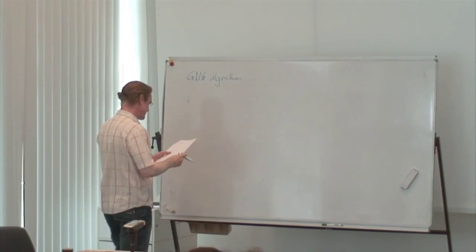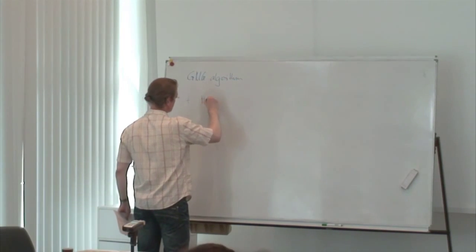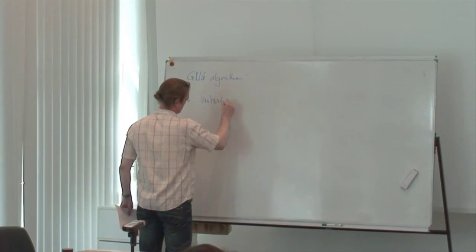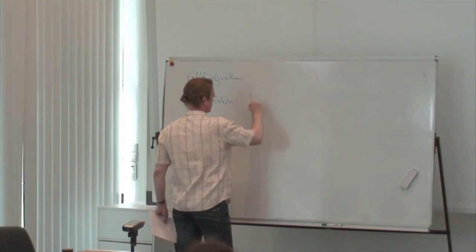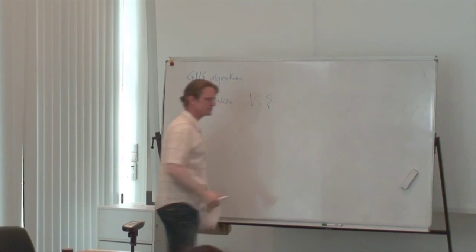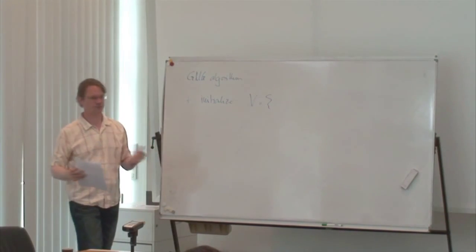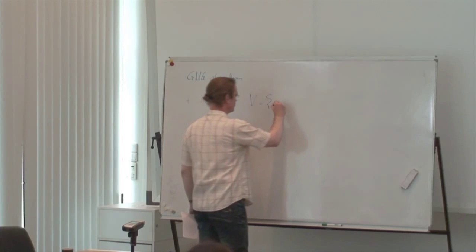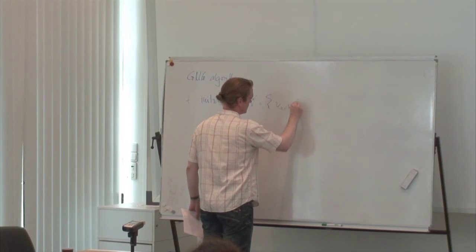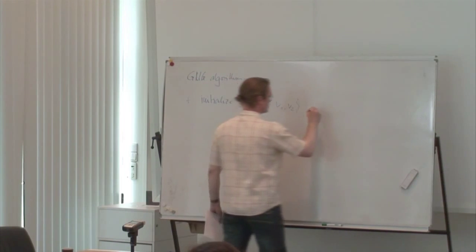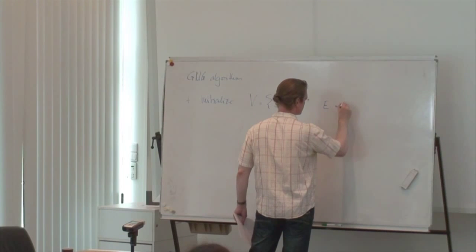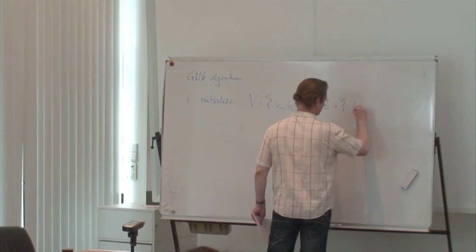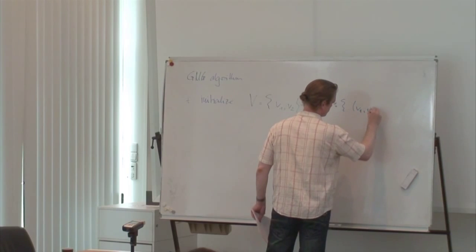We begin by initializing this vertex set. We don't provide a set of vertices. We just say at the beginning there are just two vertices. Let's say V1 and V2. And the set of edges contains just one edge, namely from V1 to V2.